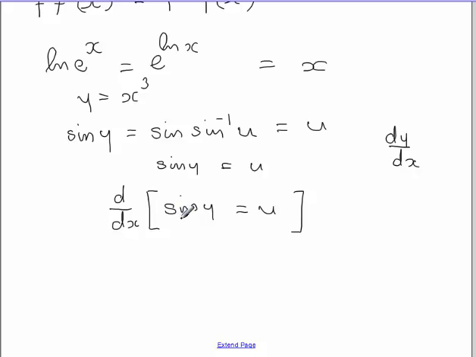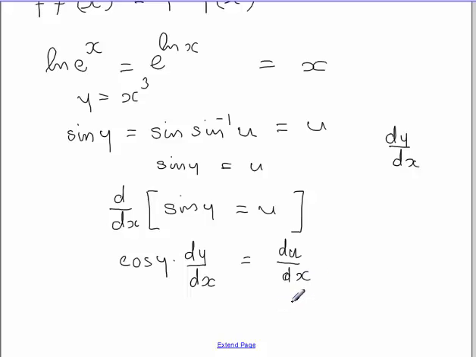Then when I do that, the derivative of sine will be cosine, retain the argument, multiplied by the derivative of the argument. Then this side is u, which is u of x, so I will just get du/dx.